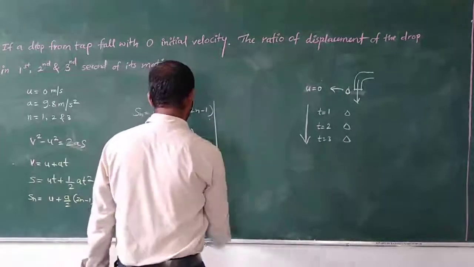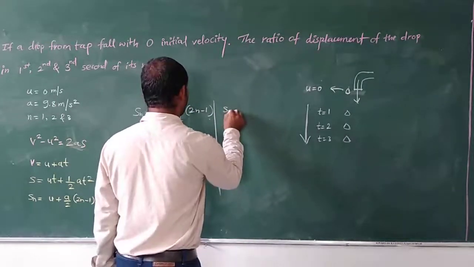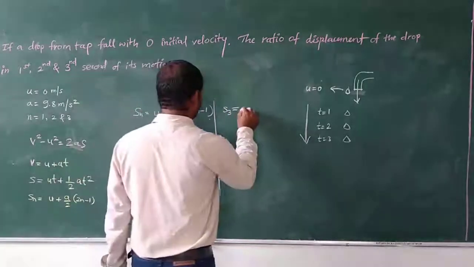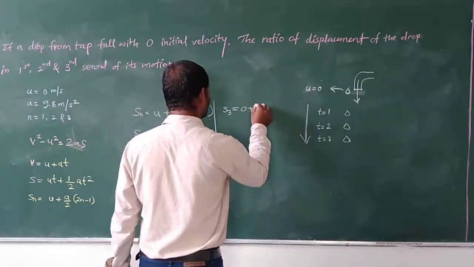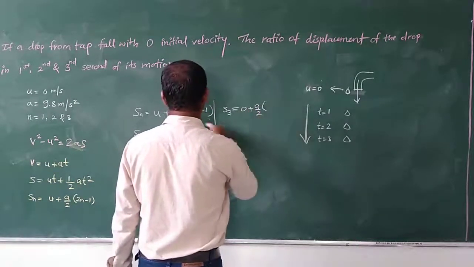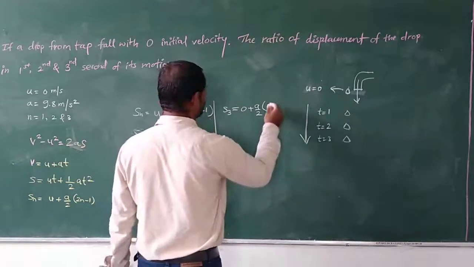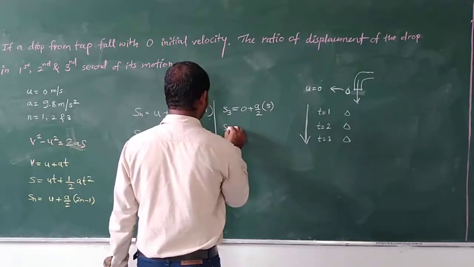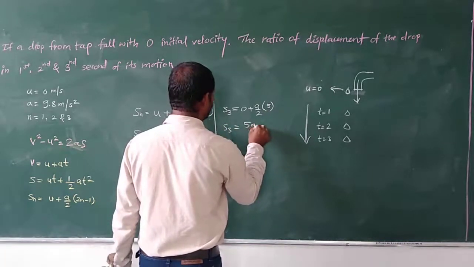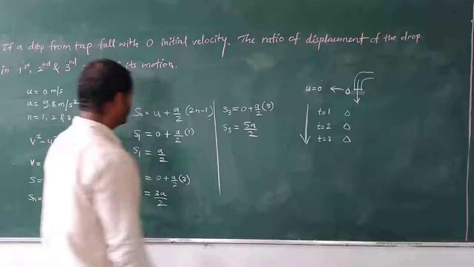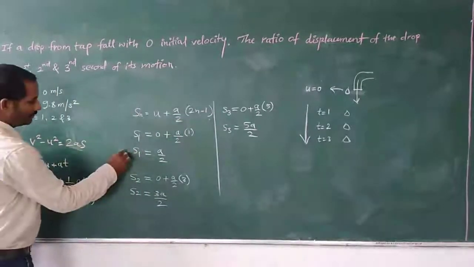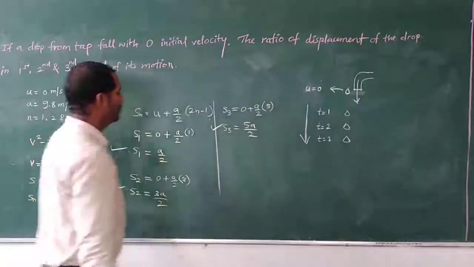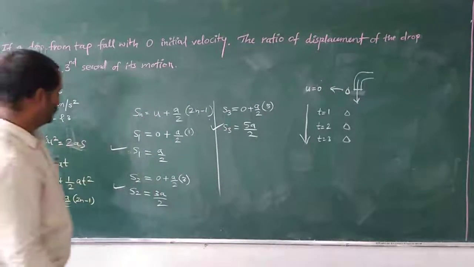Then S3 is equal to 0 plus a by 2 into (2 times 3 is 6, minus 1 is 5), so S3 we got is 5a by 2.